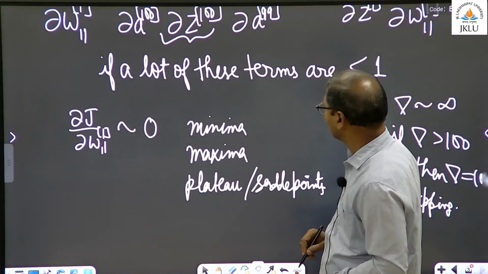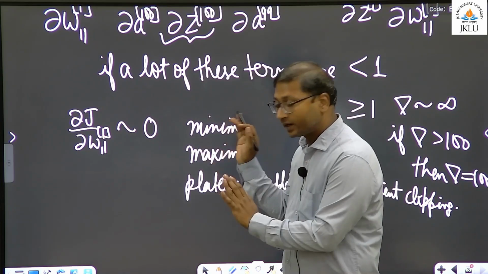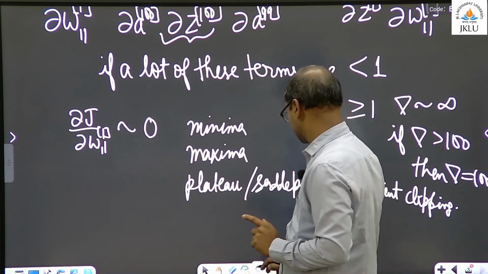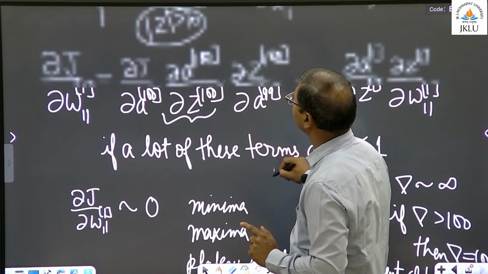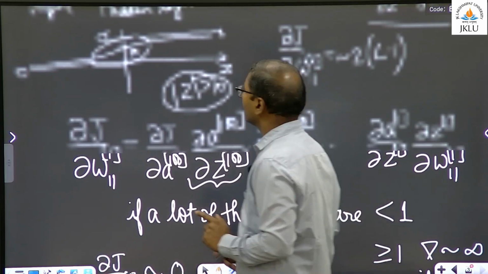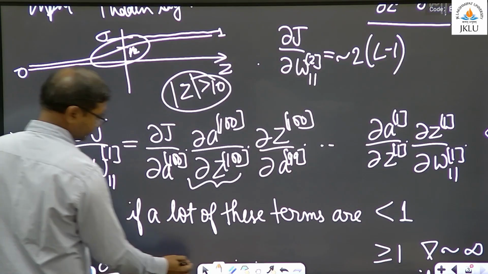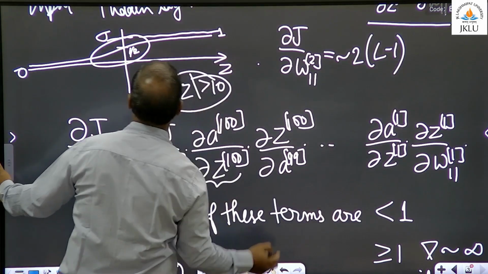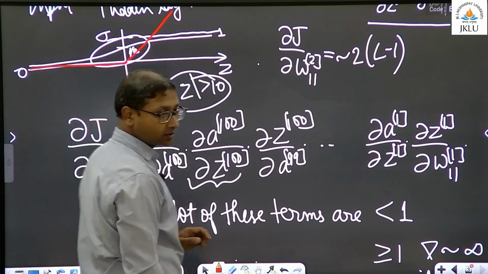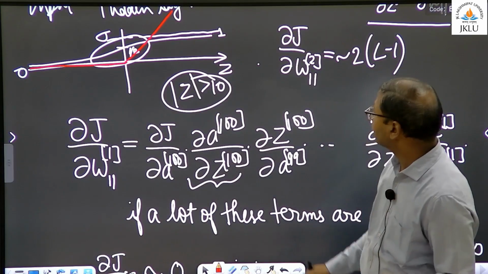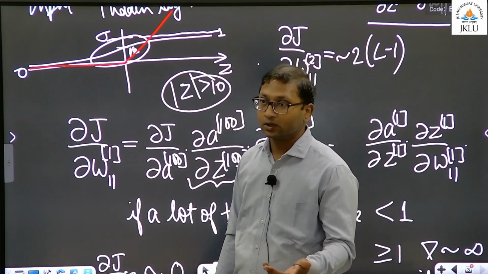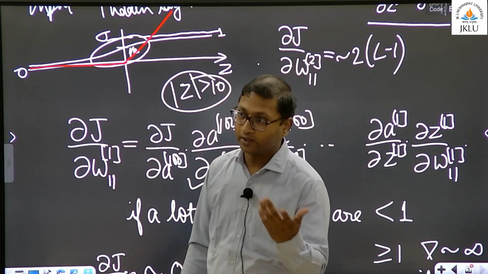So what we are trying to say here is, if you replace sigmoid by this ReLU, what happens? For all positive numbers, I have gradient equal to 1, right?